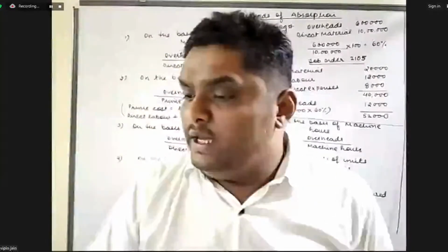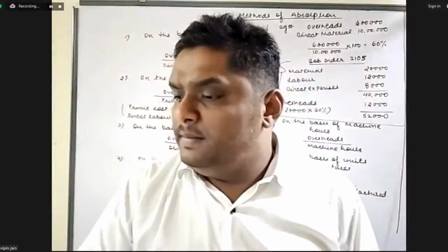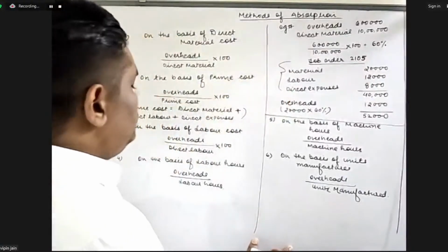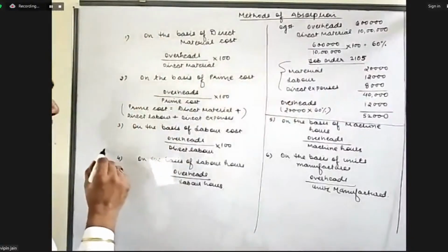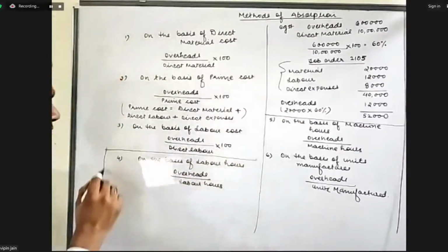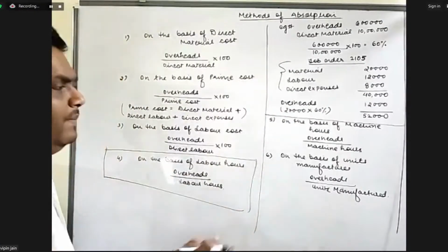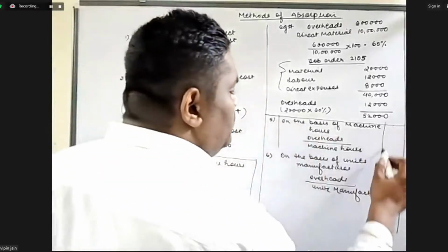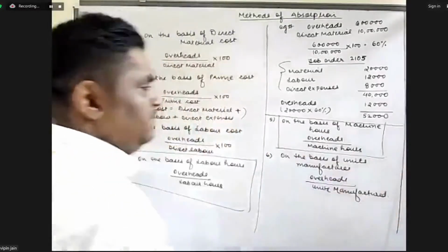So these are the various methods for absorption of overhead. As I repeat again, if the question is silent, priority should be given to labor hours. If the labor hours are not available, we can absorb the overheads on the basis of machine hour.